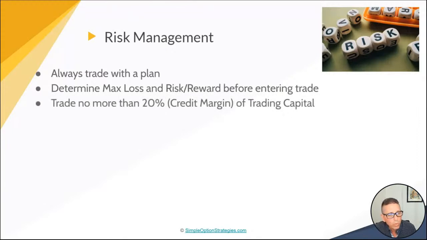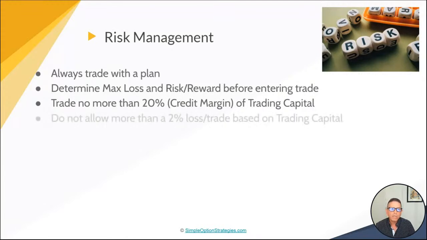Okay. Trade no more than 20% credit margin of your trading capital. And you want to leave room for drawdowns, because a lot of times if the trade goes against you, it will draw down your account. Okay. Which means you'll see red at times for that.